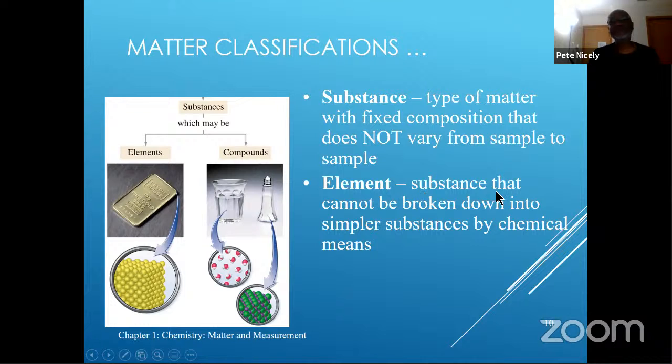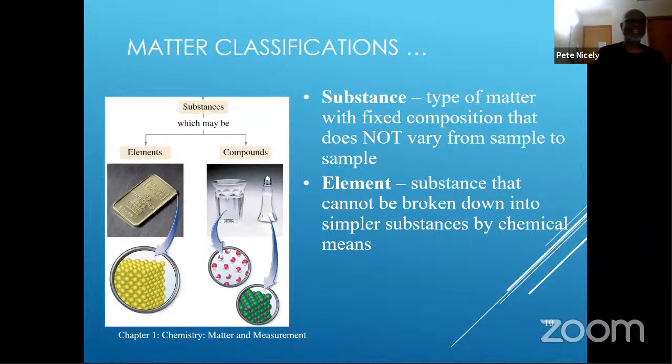We have elements, which are substances that cannot be broken down into simpler substances by chemical means. And this is very important, by chemical means, because you can actually break down elements into simpler elements, but that would not be a chemical reaction. That would be what we would call a nuclear reaction.